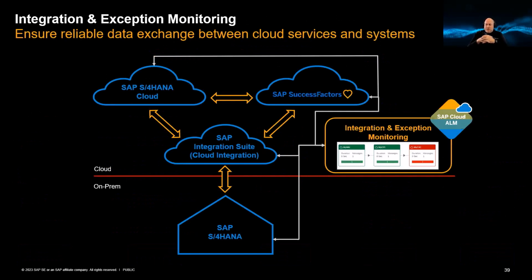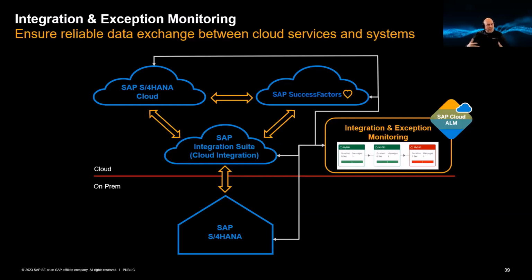So the first thing I'll cover is integration exception monitoring. Again, we want to make sure the data exchange between the services and systems is up and running. This was a big request many years ago, when we were developing Cloud ALM, because a lot of this was set up by partners or consultants for the customer. This is something they have to maintain. SAP can't manage these things; they have to be managed by the customer.